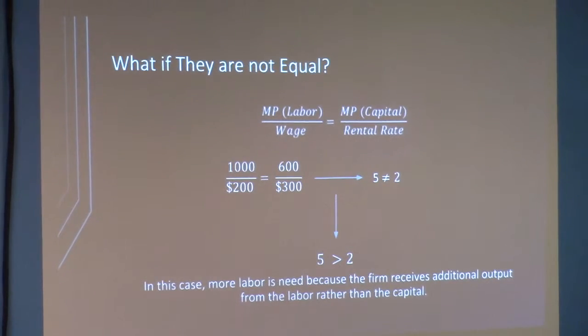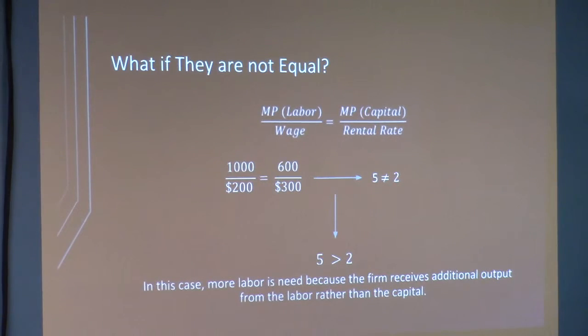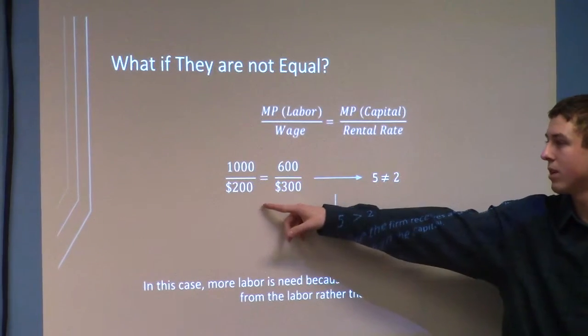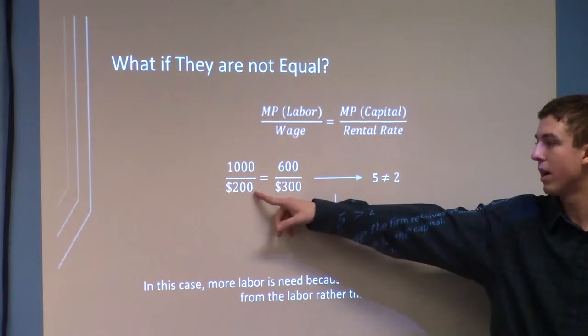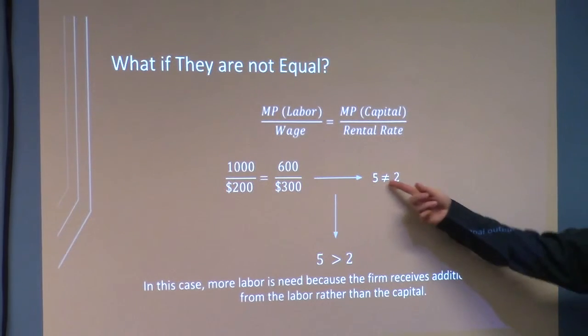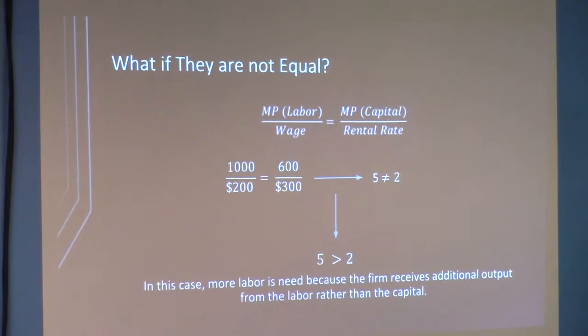To make yourself efficient, you would want to put more spending towards labor. Imagine if you now put $400 toward labor and still got 1,000 output, your fraction would be 1,000 divided by 400, which is smaller than 5. Even though you're not 100% efficient, you're still more efficient than what you were prior to spending more money. That's what you want to do in this scenario.